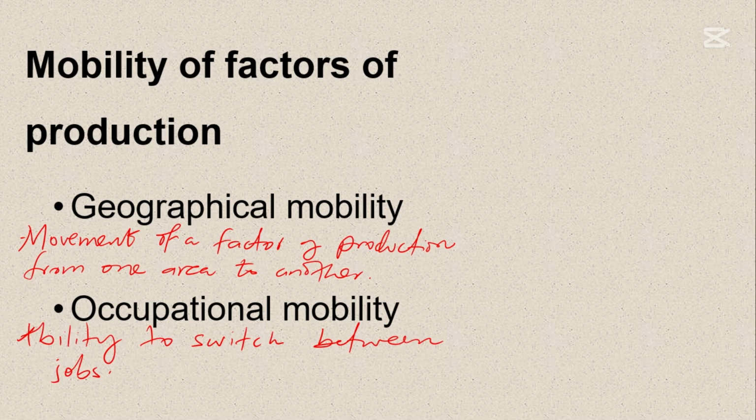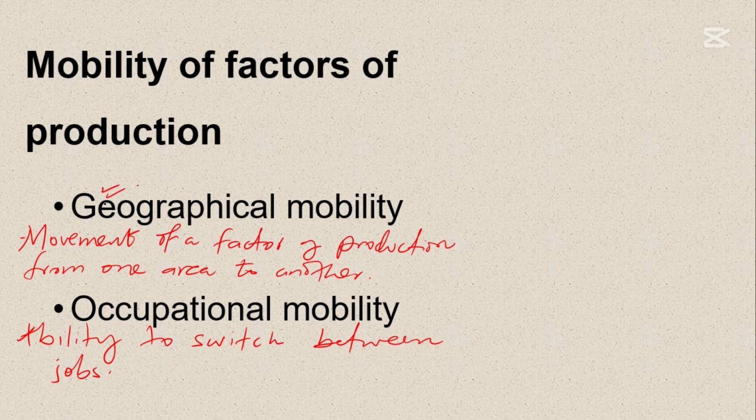It can be limited by a number of things. One is the skills needed for the new job, the length of time you need to retrain for the new job. And then also, when you look at geographical mobility, it can be limited by things like people who don't want to leave their families. We say they are limited by family ties, things like climatic conditions, things like travel restrictions. You need a work permit to the new country or new place.